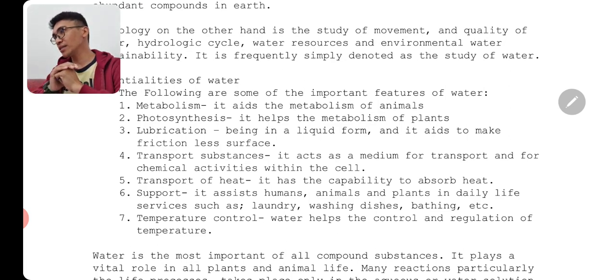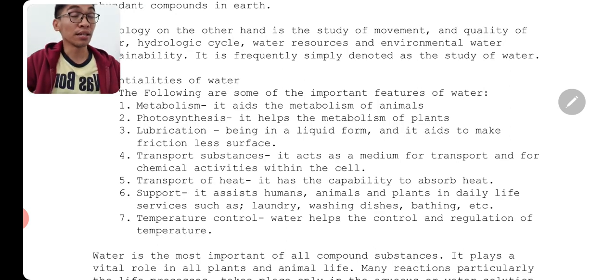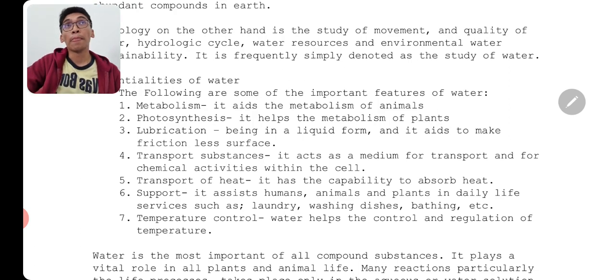Yung water has this particularly, it has this ability to absorb heat. Paano klase? If you are into machines, di ba, meron kayong alam na water-cooled or air-cooled the motorcycles or engines. Pag sinabi natin water-cooled, it has this radiator.